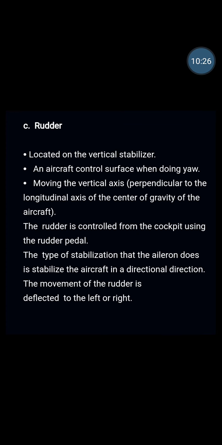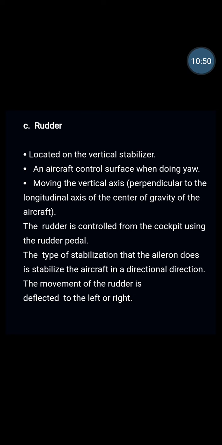The rudder, located on the vertical stabilizer, is an aircraft control surface used when doing yaw, moving on the vertical axis, or perpendicular to the longitudinal axis at the center of gravity of the aircraft. The rudder is controlled from the cockpit using the rudder pedal.